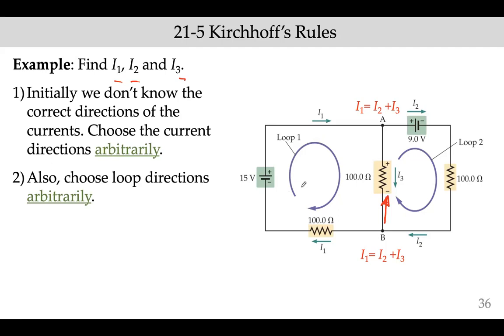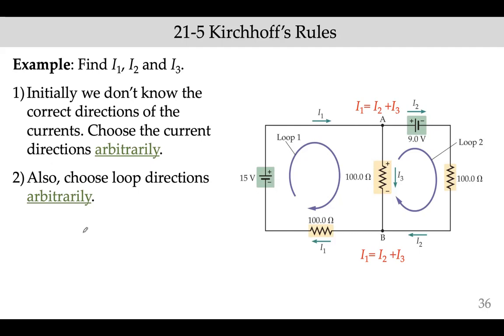So what do we do if we don't know the directions of the current? Well, what you have to do is just choose the current directions arbitrarily. In this problem, I chose I1 to be this direction, I2 to be this direction, and I3 to be down direction here.